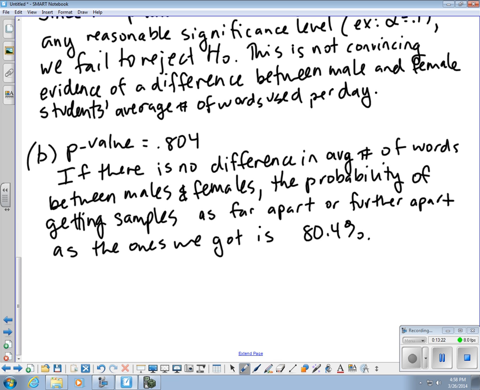So that's a pretty high probability. So that seems to imply that it's not unreasonable to think that there probably is no difference here because our samples are not that unusual in that circumstance.